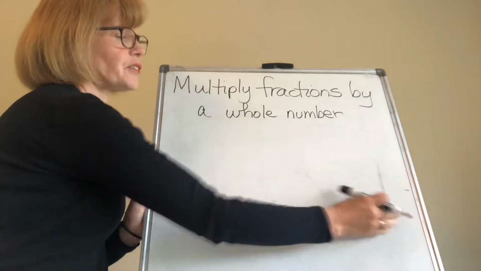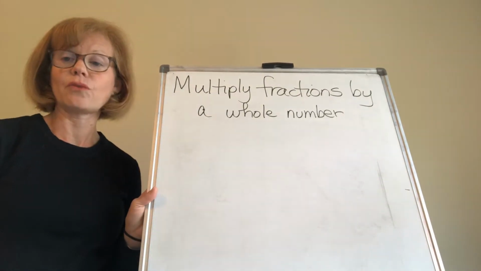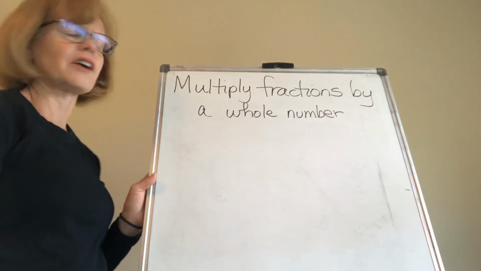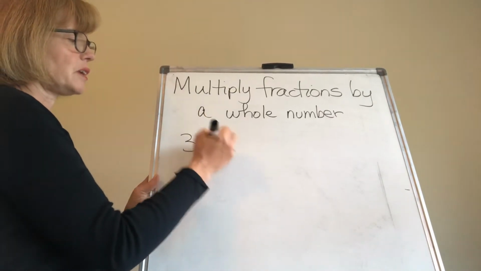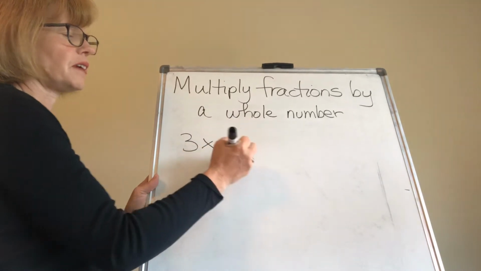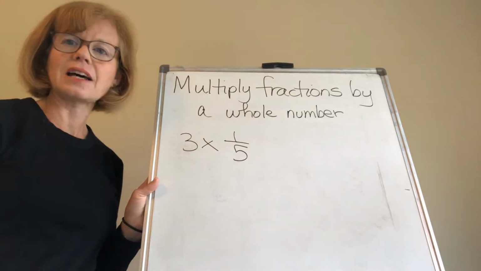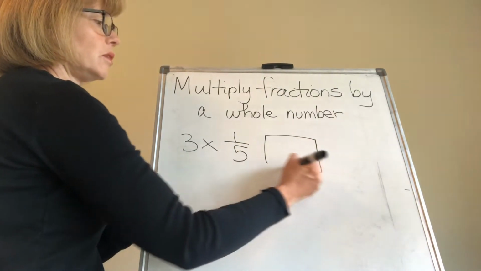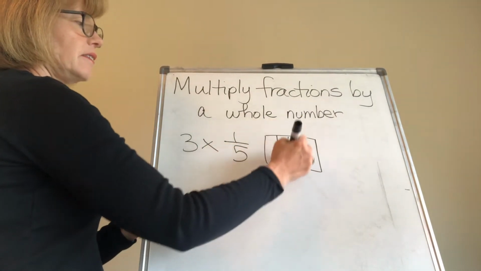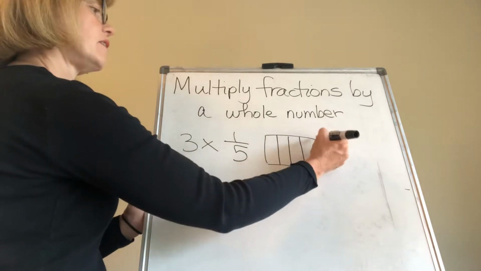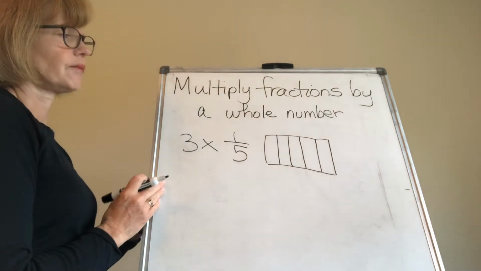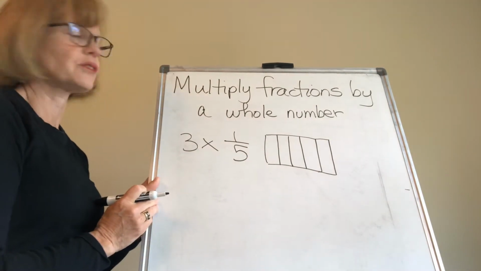Sometimes it's helpful to see a model of what we're doing. So let's go back to one that we already looked at, 3 times 1/5, and let's draw a model of what that looks like. So I've got a whole, and it is divided into fifths. 3 times 1/5.